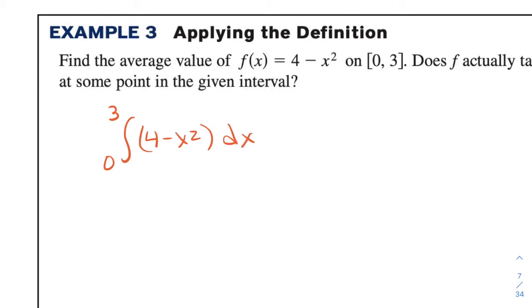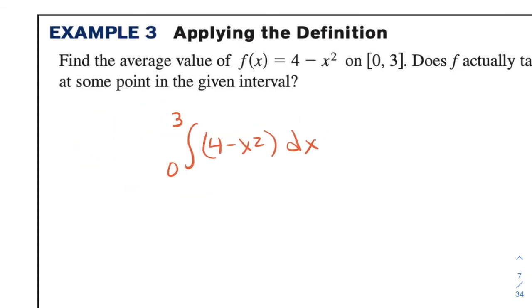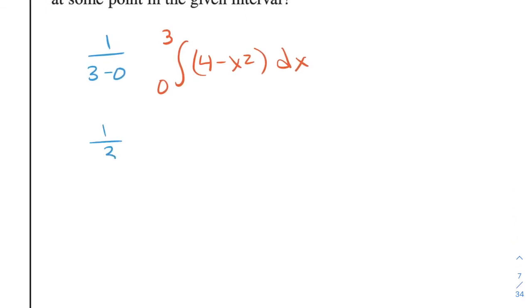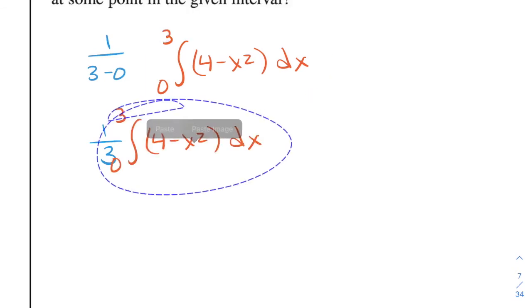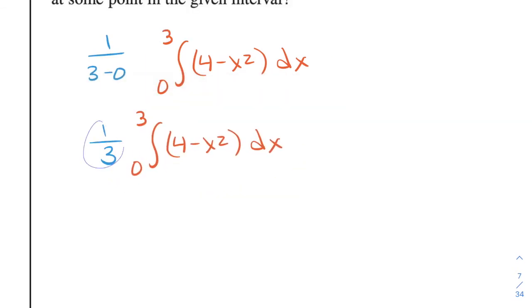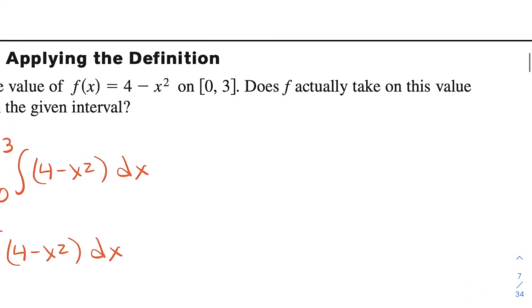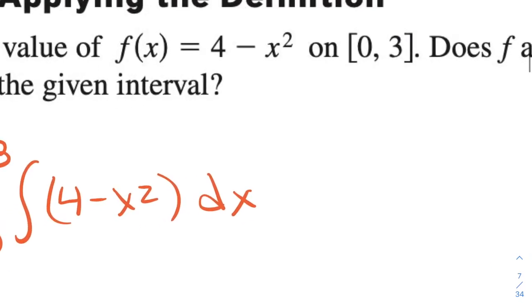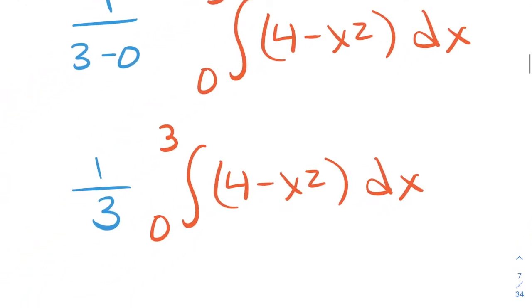But what I also want to do is find 1 over 3 minus 0, or in this case, 1/3 of this. The reason I want 1/3 of it is because I want to find out, on average, from 0 to 1, 1 to 2, and 2 to 3, how much total area is there, because it changes for every location.